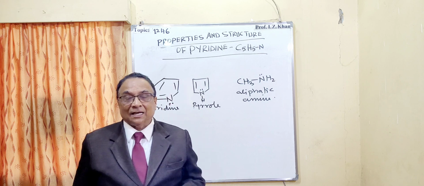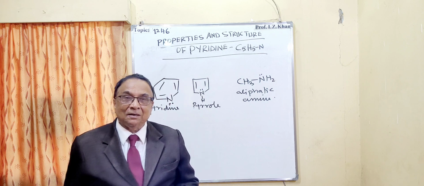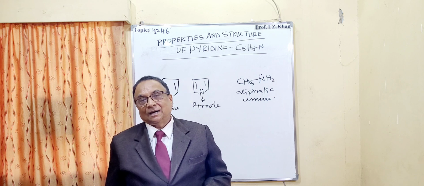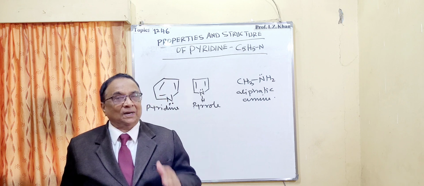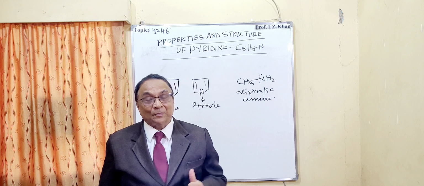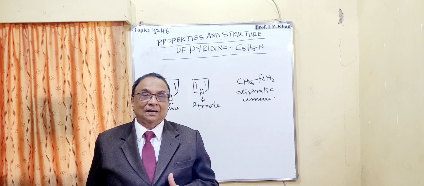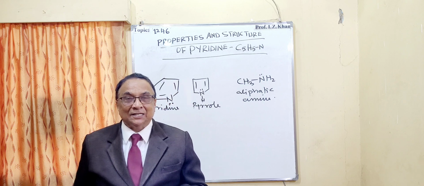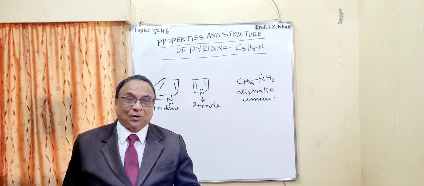Pyridine is a very stable basic organic compound, a 6-membered heterocycle. It is more basic as compared to pyrrole, and aliphatic amine is more basic as compared to both pyrrole and pyridine.